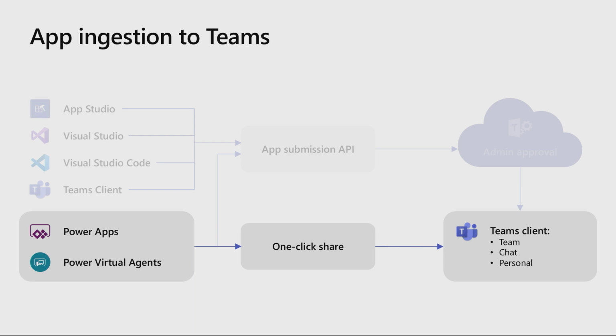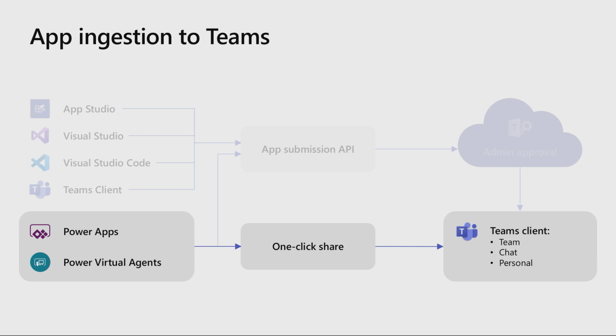And so what I mean by this is, as you just saw, to get apps built anywhere into an ecosystem using the App Submission API, the developer develops it, they submit it, and an admin approves it. But we think that on certain Microsoft 365 platforms where there's already a level of trust built into the platform itself, such as where the data is stored, what the app can and cannot access, we can do a little bit better about bringing those apps into Teams.